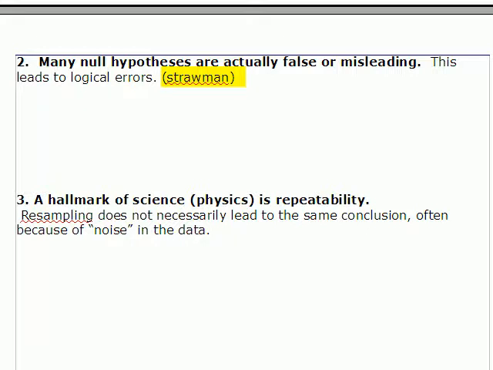So if you have an opponent and he has a particular position on some topic, and you distort it, or you ascribe to him another position that you could easily refute, it makes you look like the winner, but you really didn't address the issue at all, and that is a problem.